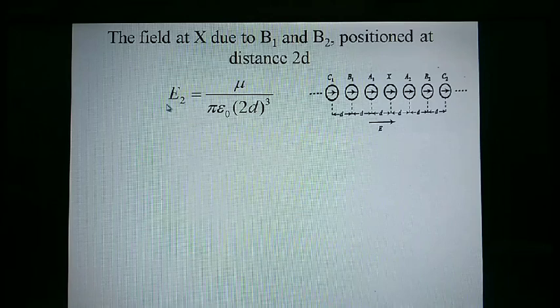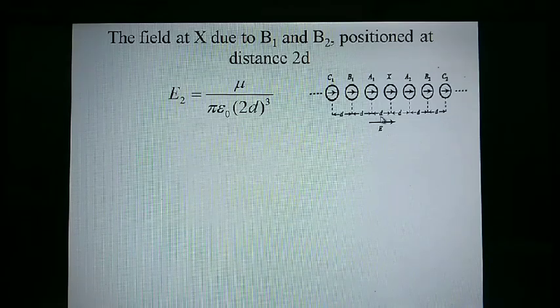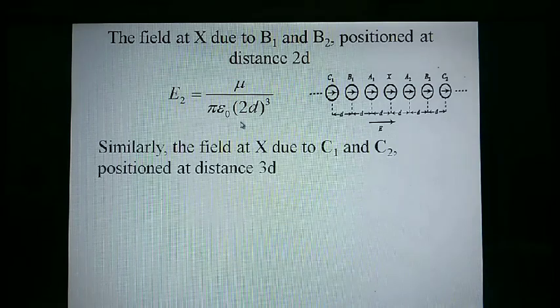Therefore, the electric field E2 due to the dipoles B1 and B2 at the site of X is mu by pi epsilon naught 2d whole cube, because the distance was d in the earlier case, that was the distance between the atoms A1 and X or A2 and X, but now we are considering the dipoles B1 and X. The distance between them is 2d, 2 times d, that's why 2d is mentioned here.